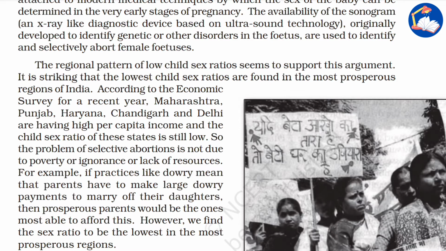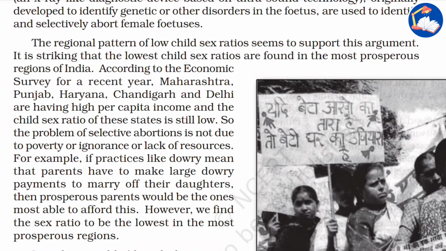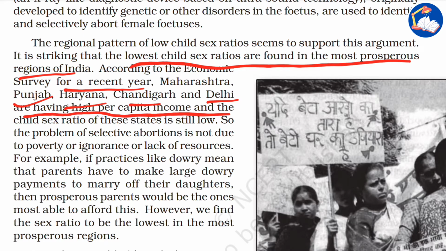Now, the regional pattern of low child sex ratio seems to support this argument. It is striking that the lowest child sex ratio has been found in the most prosperous regions of India. According to the economic survey, for a recent year, Maharashtra, Punjab, Haryana, Chandigarh, and Delhi have high per capita income, and the child sex ratio of these states is still low.